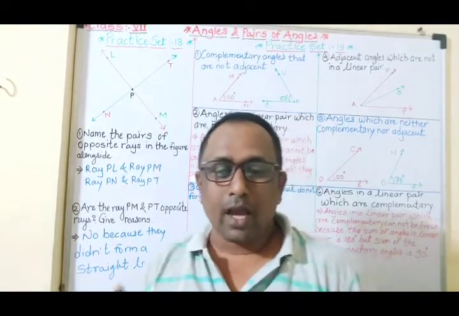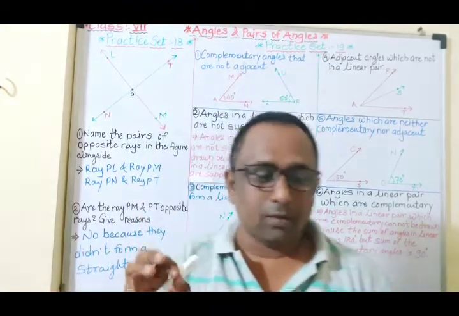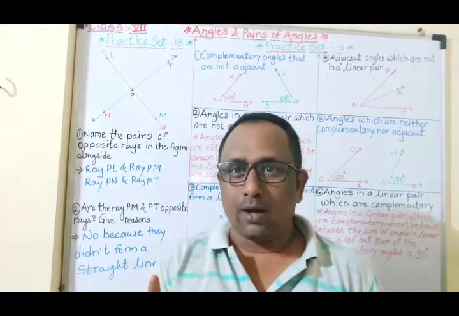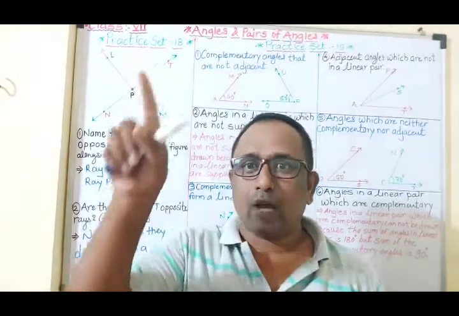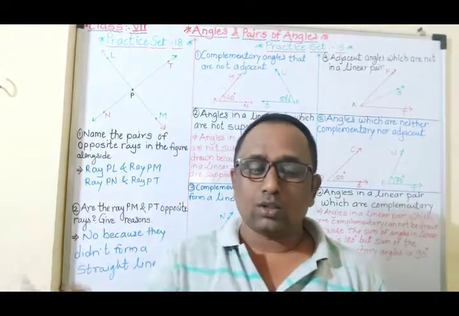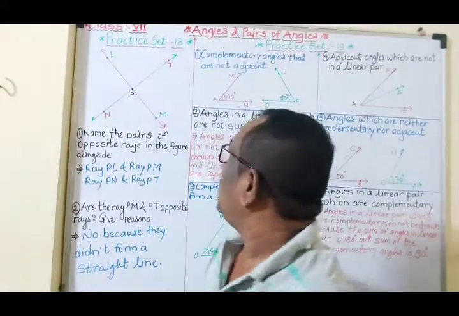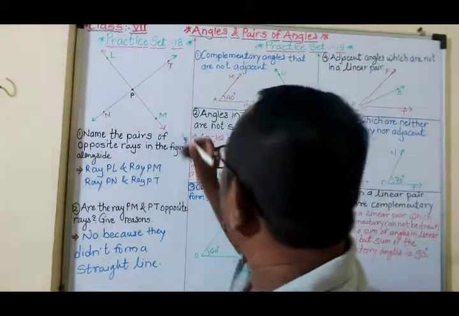Again we will see angles in a linear pair. So what is meant by angles in a linear pair? Angles which have a common arm and whose other arms form a straight line. Let me draw it roughly here.